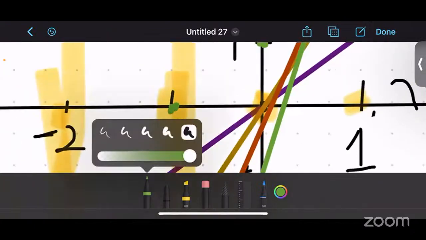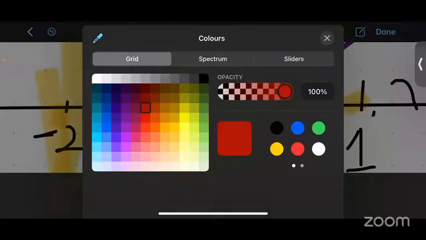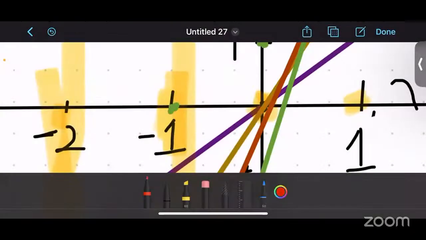Okay, now we're going to connect the dots. All right, let's use this reddish color over here. Let's bring the ruler. Let's connect the dots.